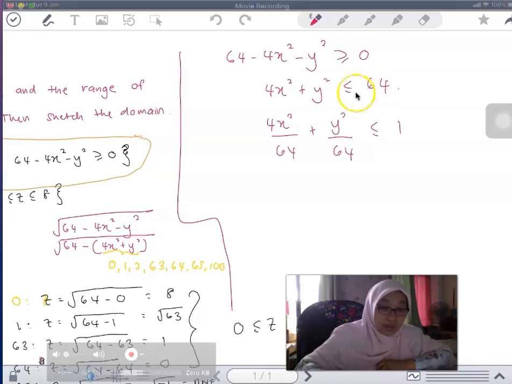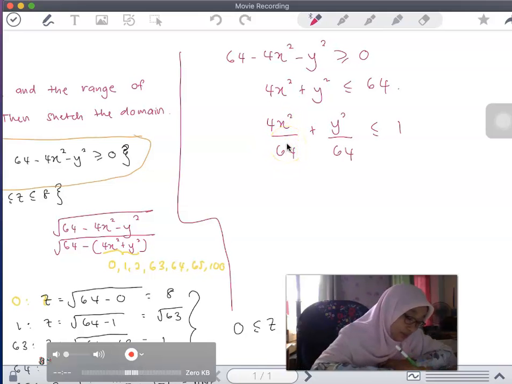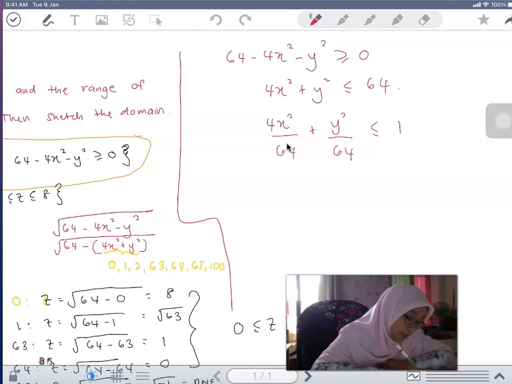But for an ellipse, this one supposedly is 1 times x squared. Then you have to divide this one by 1 over 4, or you can simplify. So you can have x squared over 64 over 4 plus y squared over 64 less than or equal to 1.